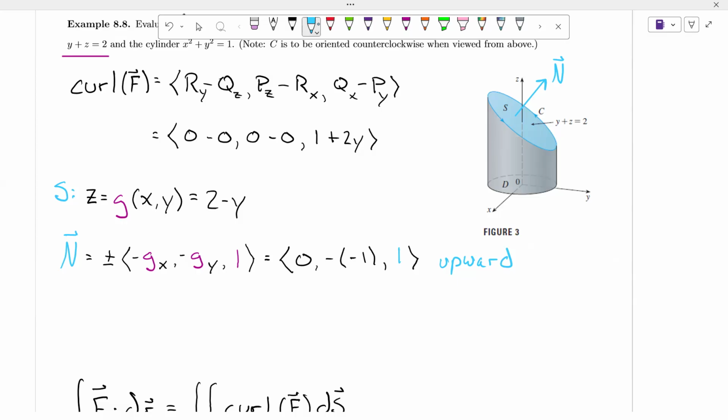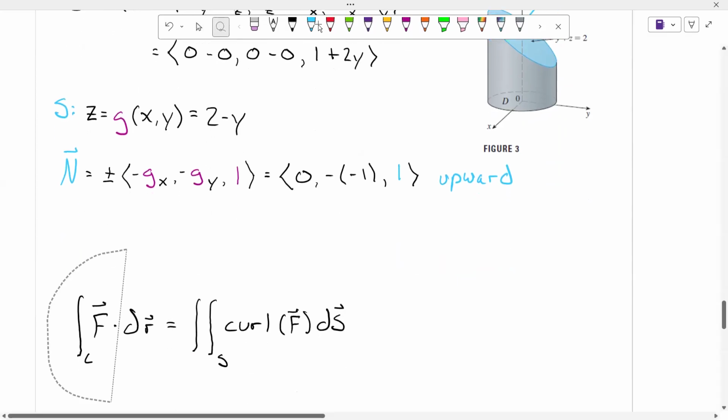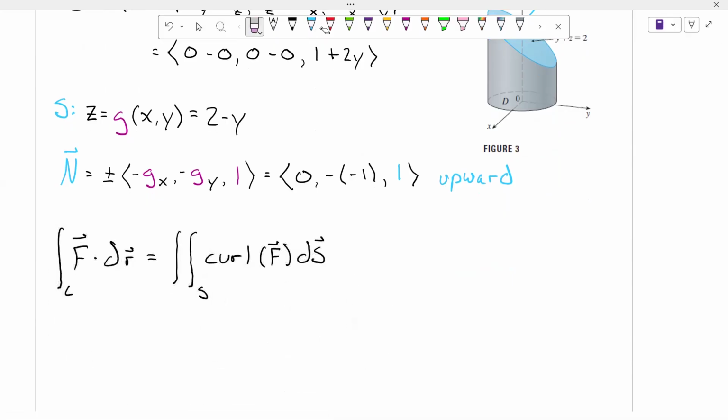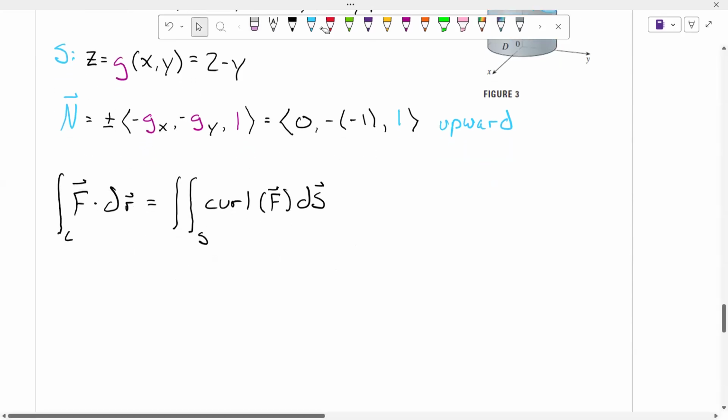I think pretty easily from that plane, you could pick out the normal vector as 0, 1, 1. Because again, it is a plane. We know how to find the normal vectors of planes. Since we're nearing the cumulative final exam, it's not a bad idea to sprinkle in a little review from time to time. So 0, 1, 1 is the normal vector we should have gotten. And fortunately, we can see that's what we got by using the formula: 0, negative, negative 1 is positive 1, and then 1 again.